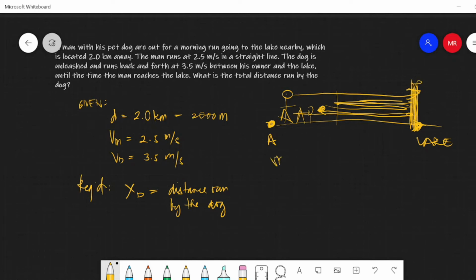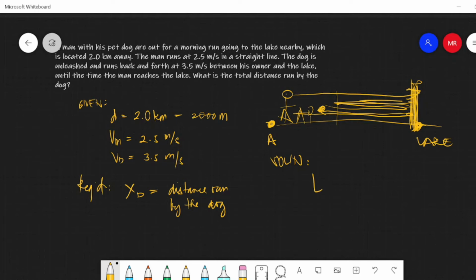So let's try to solve this problem. For us to easily solve it, we need to think of a variable which is common to both of the elements. Of course, the same variable for the dog and the man will be their time of travel.